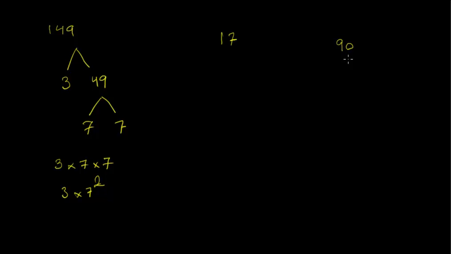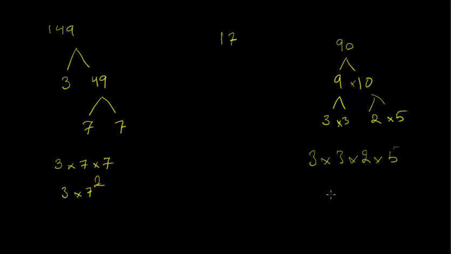What about 90? 90 can be divided into 9 and 10. 9 can be 3 times 3, and 10 can be 2 times 5. So the prime factorization for 90 is 3 times 3 times 2 times 5, or 3 squared times 2 times 5.